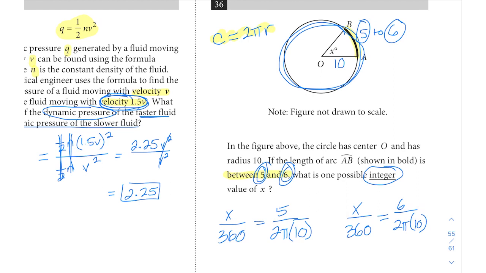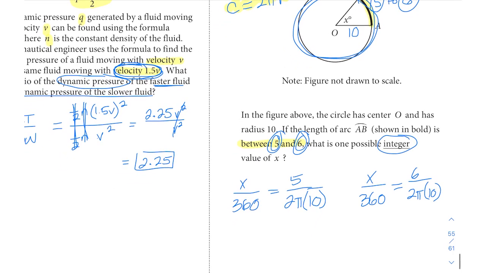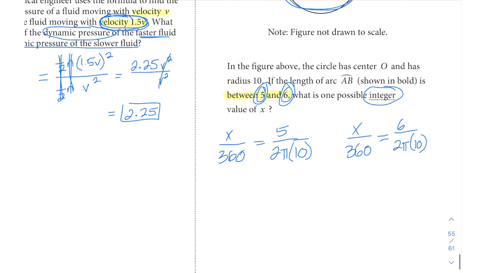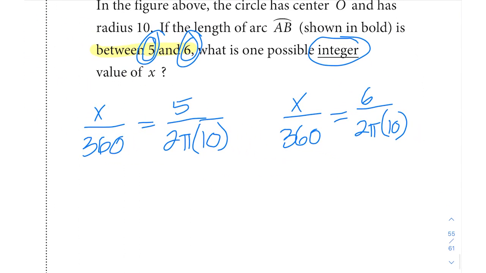And now for each of these, we're just going to cross multiply and solve. You can cancel out where you're comfortable or reduce where you're comfortable. I'm going to assume that because this is the calculator section, you are going to be able to do this calculation using your calculator, and hopefully won't run into too much trouble. But if you have questions on the steps, just please leave a comment. I'm happy to walk you through it in more of a stepwise fashion.